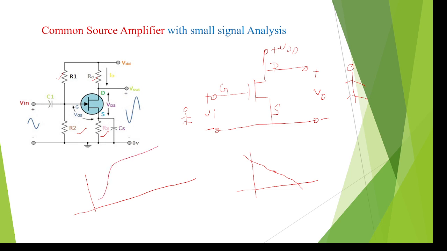For example, I am assuming this is the frequency range for the given amplifier. This is the low frequency and this is the high frequency for the signal. At the low frequency you may get distortion, and at the high frequency you may also get distortion. So every amplifier has a particular frequency range to amplify the given input signal.